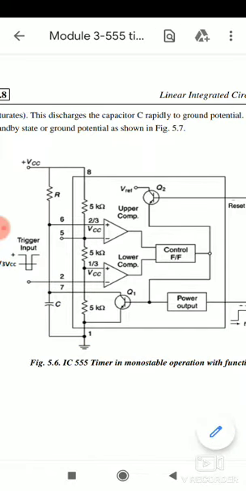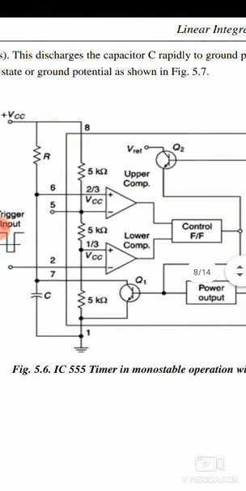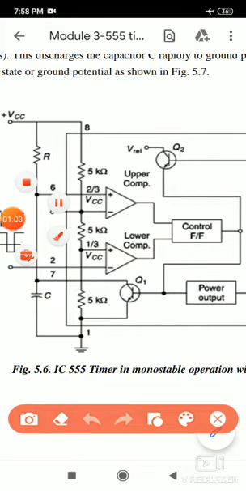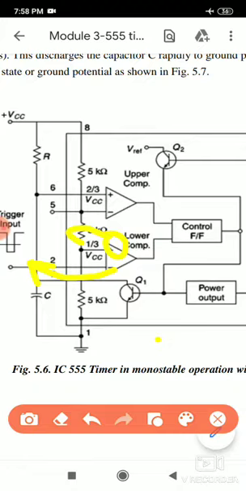monostable mode operation. Before going to study monostable mode operation, first we can see the connections of the upper comparator and lower comparator. For the lower comparator inverting terminal we apply the negative trigger pulse, and the non-inverting terminal is connected with reference voltage 1 by 3 VCC.